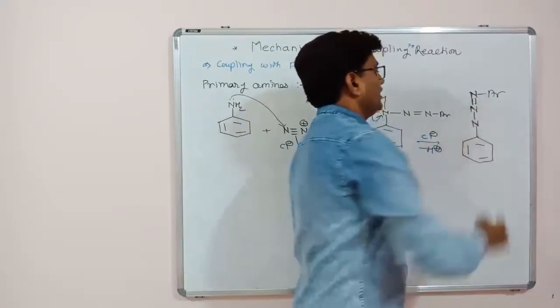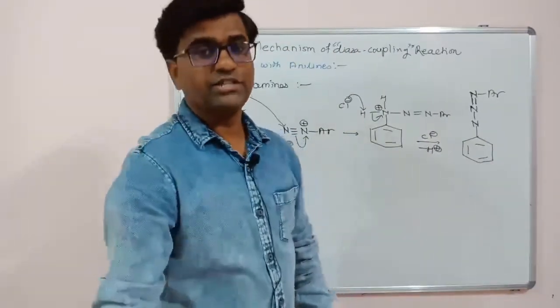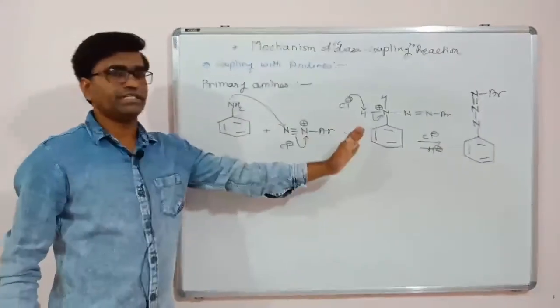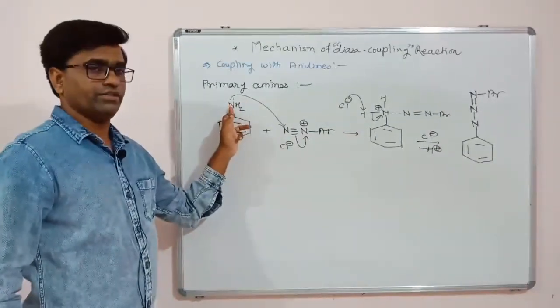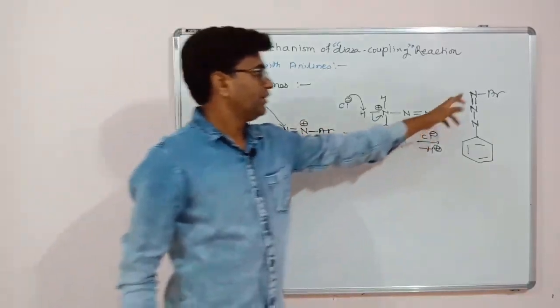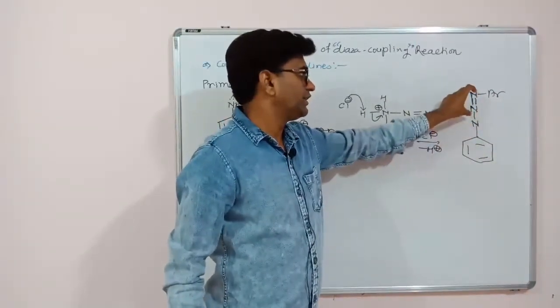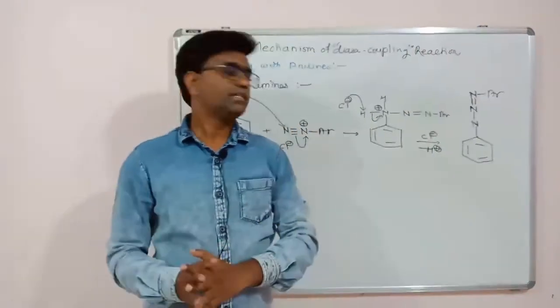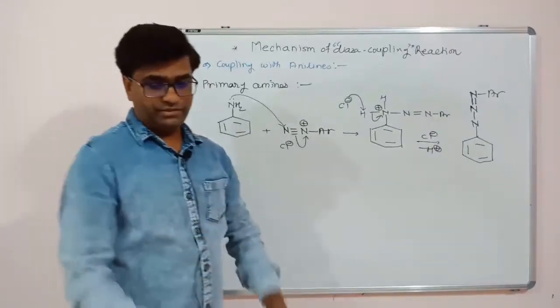So this compound is called N-diazo compounds. This is the difference in how primary amines react. So the primary amine reacts with this nitrogen, and we will get three-nitrogen compounds. This is the diazo coupling, N double bond. Now we will see the mechanism with tertiary amines.